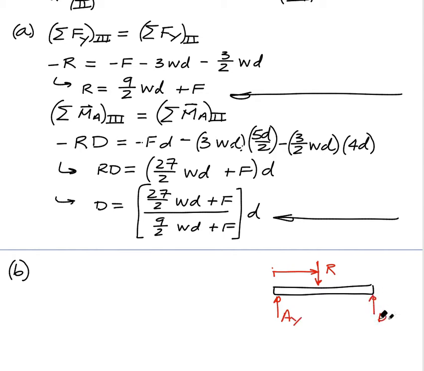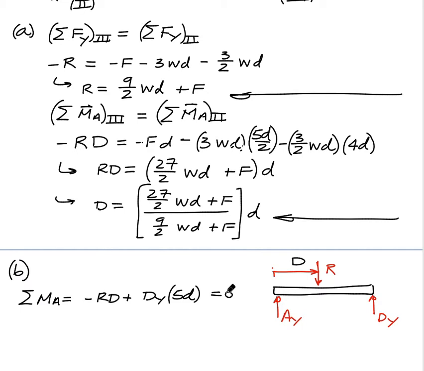These are the reactions at the supports there of A and D. Doing a summation of moments about A, I've got minus R times D, this is the distance there, capital D, and the DY has a moment arm of 5D. It's in the plus K.